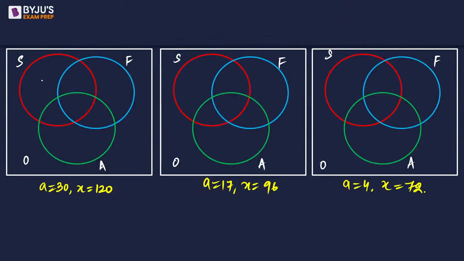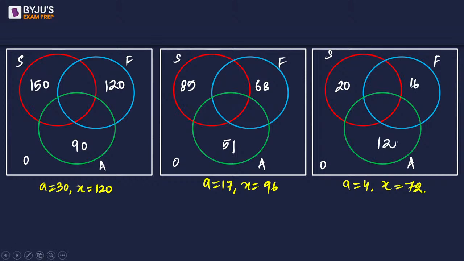So 5A will make this as 150, 4A will make this as 120, and 3A will make this as 90. 5 into 17 will be 85. 4 into 17 is going to be 68. 3 into 17 is going to be 51. 5 into 4 will be 20. 4 into 4 will be 16. 3 into 4 will be 12.